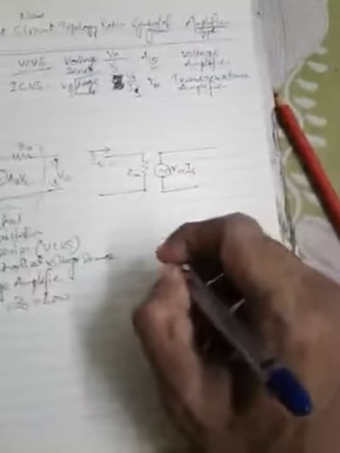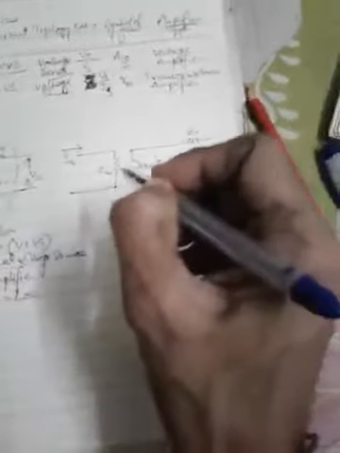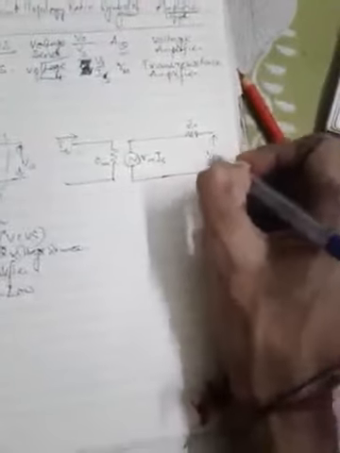And this is Zin, the input impedance. At the input side, what is there? It is IS. So this is IS, a current source. And at the output, the resistance is ZO as usual. And across this, the output VO is measured.